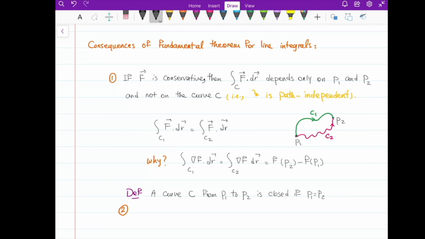So for example, if we have something like that, this curve starting here and it goes right there, and then the beginning and end points are the same, this curve is closed. Okay, then we say what?